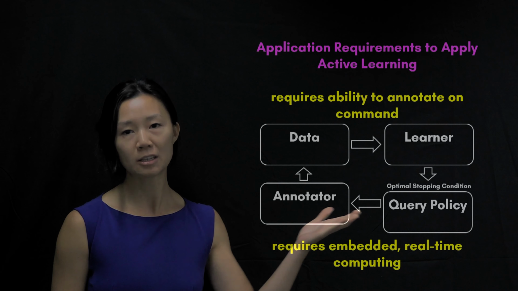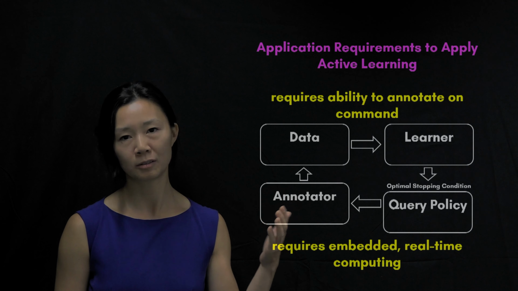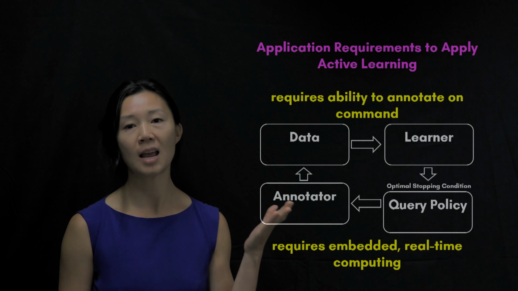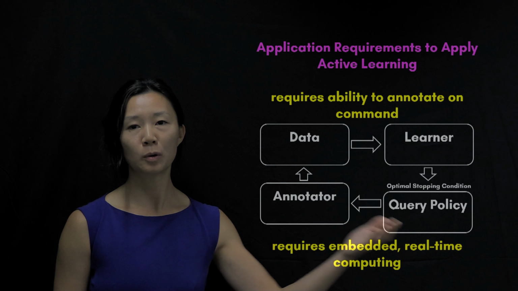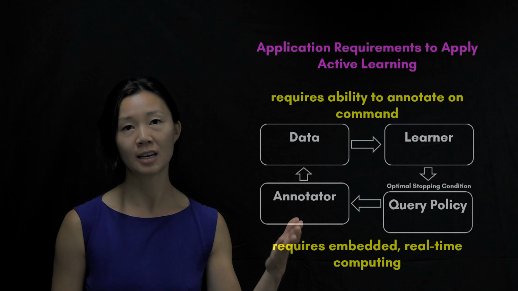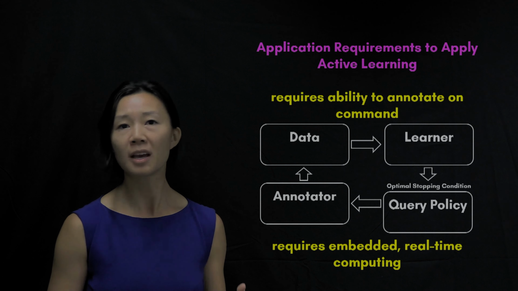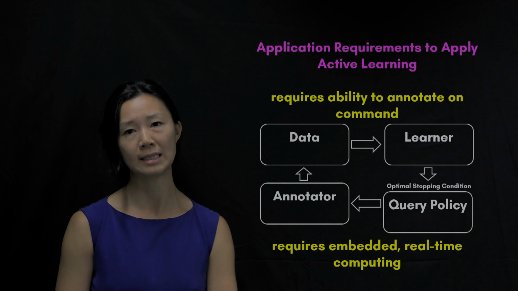This is an iterative process, so it's a while loop, cycling through these different processes, and one of those blocks is an annotator. We require that in active learning, your query policy can ask your annotator to transform an input into an output through some kind of simulation or measurement so that you can append it to your training data set.